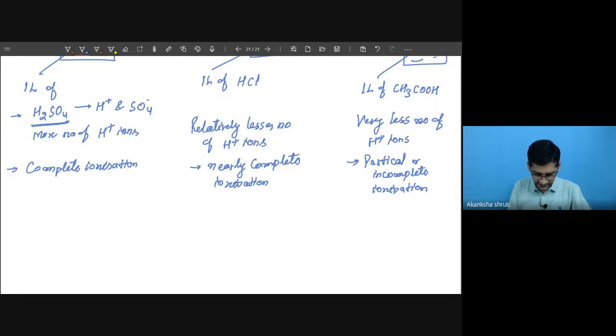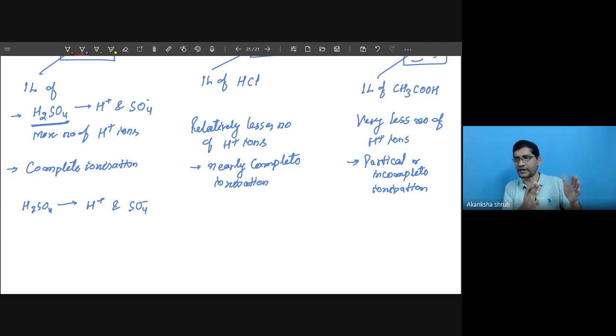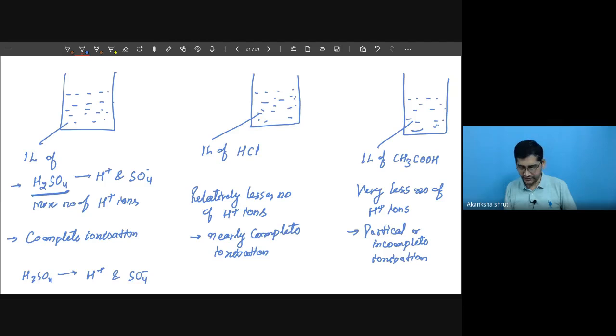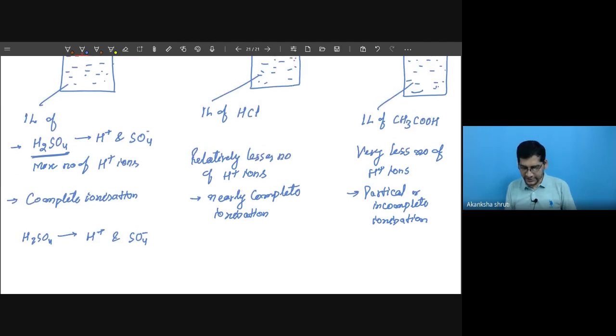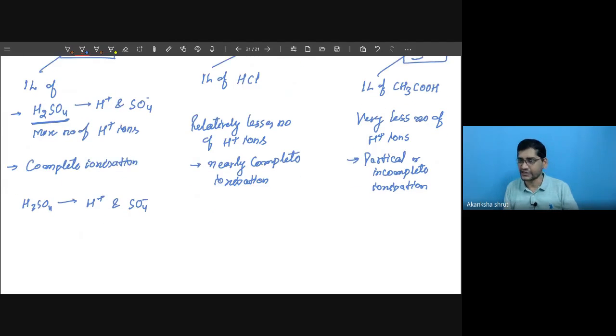Here I had written, so this H2SO4 will ionize to H plus and SO4 minus. It doesn't mean these two are getting totally separated, and on one side of the solution there will be H plus and on the other side SO4 minus. No, student, this H plus and SO4 minus will be closer to each other, and still appear to be in paired form, but not as much bonded as in conc H2SO4. So the ions can again convert back, therefore it is written in the form of equilibrium.